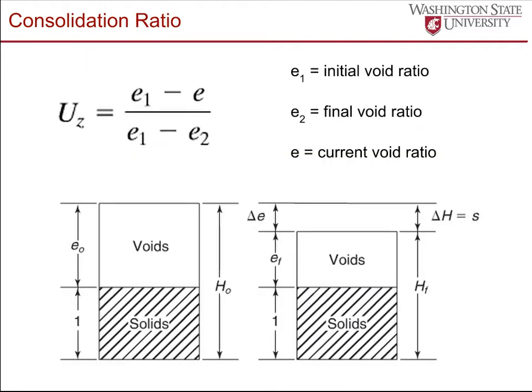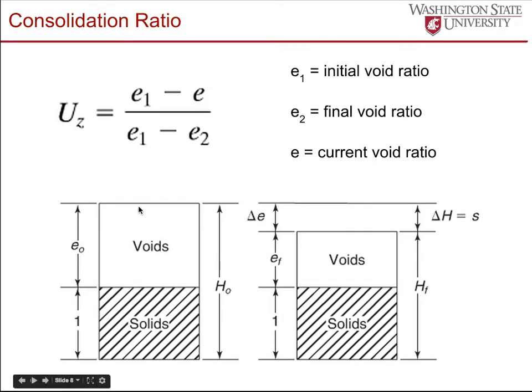So let's look at the consolidation ratio. You can see here the equation for this, which basically involves the initial void ratio, the final void ratio, and the current void ratio. The reason we have a current void ratio is that as you add a stress, over time that void ratio is going to decrease.